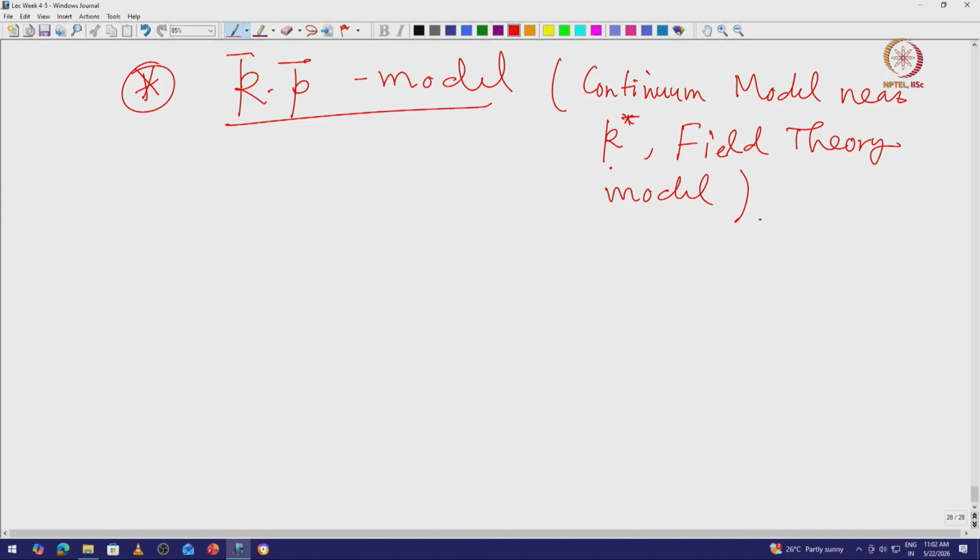So how do you obtain it? Here P is slightly misleading, but we will talk about where this name comes from.